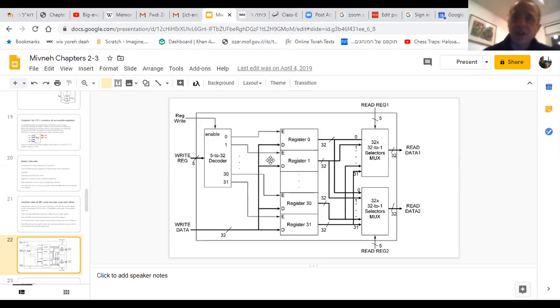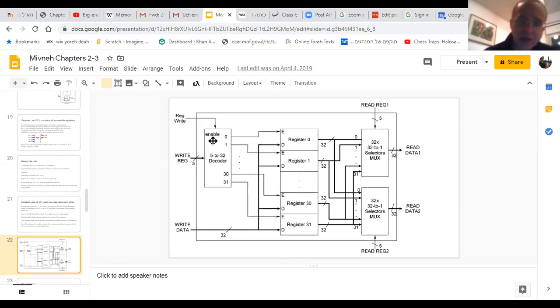This is the hardware that actually enables me to read that register, so that I can add it together with the contents of another register. These 0 to 31 are the 32 registers in the computer, and I want to choose 2 of them and let the output go on read data 1 and read data 2.